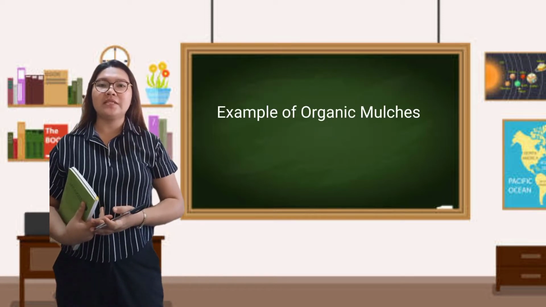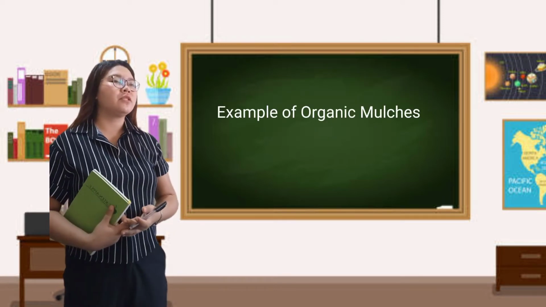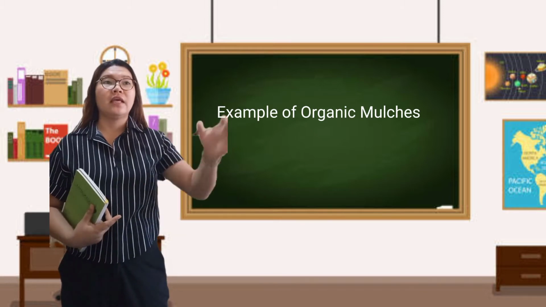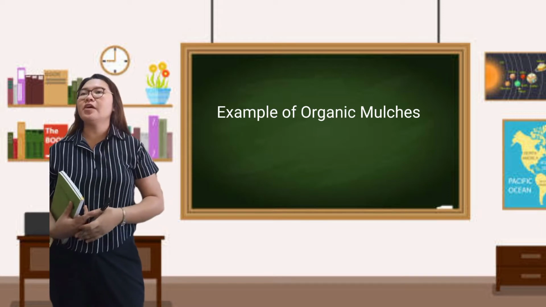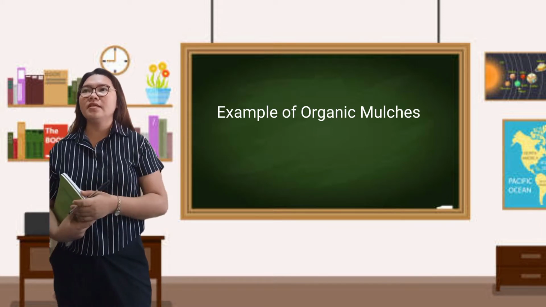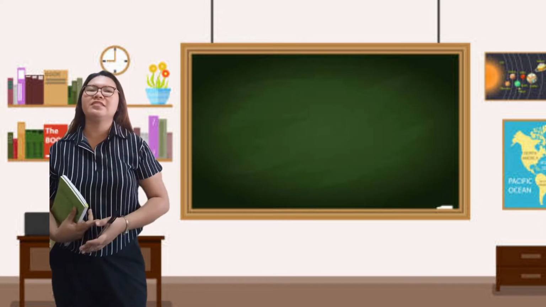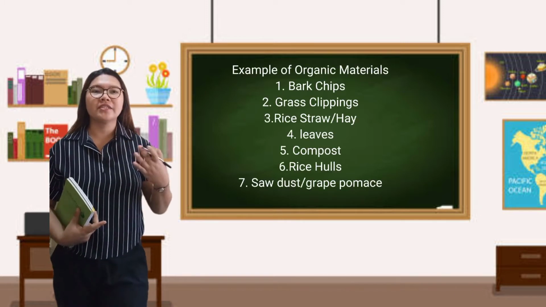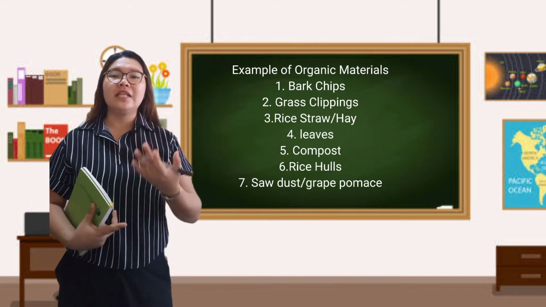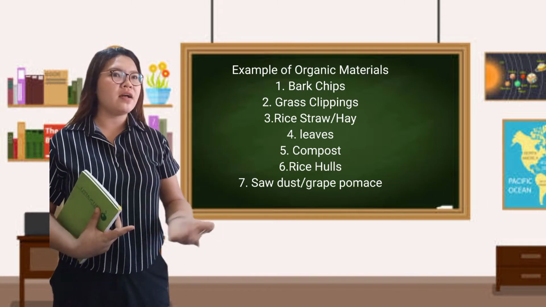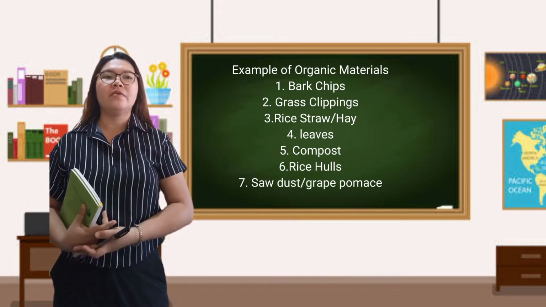Who can give me an example of organic materials for mulching? Yes, Miss Anagon. Very good. Another example? Yes, Miss Socorin? Yes, it's correct. It includes bark chips, grass clippings, straw, leaves, compost, rice hulls, sawdust, or grape pomace.